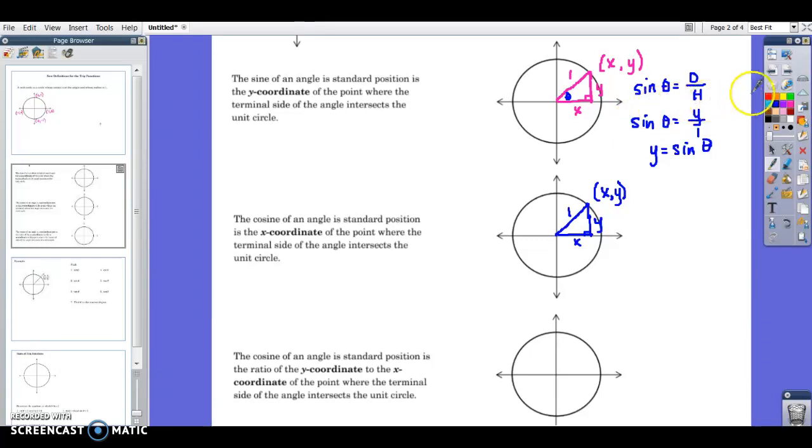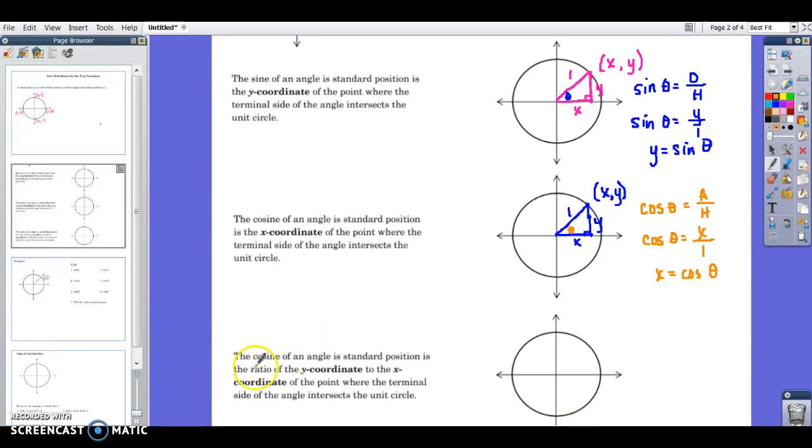Theta is my angle formed between that initial side of my angle, which is the x-axis, and the line segment that goes to that point. Remember, cosine of your angle is adjacent over hypotenuse. So the cosine of the angle is going to be x over 1, or we can say that x is equal to the cosine of theta.